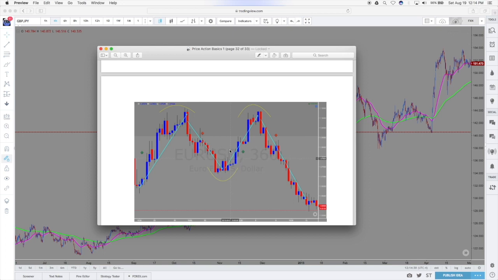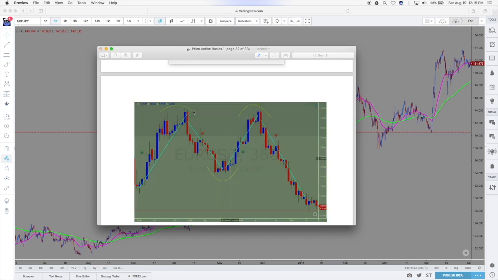And the biggest thing that you want to make sure about a double top is that when the second leg goes back up to retest this area here, it is very, very important.